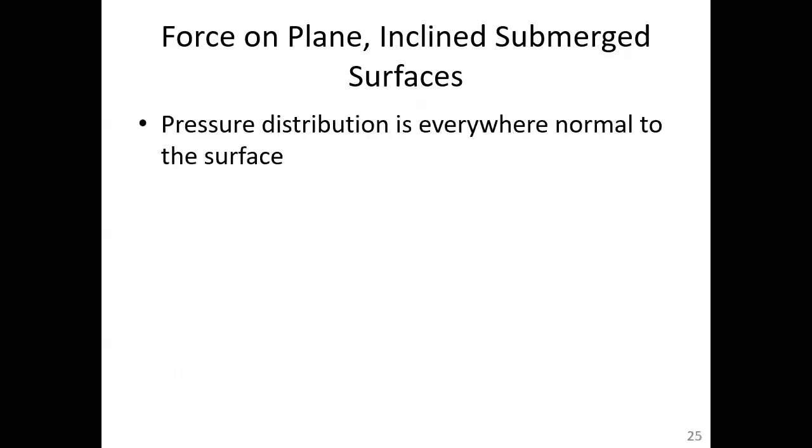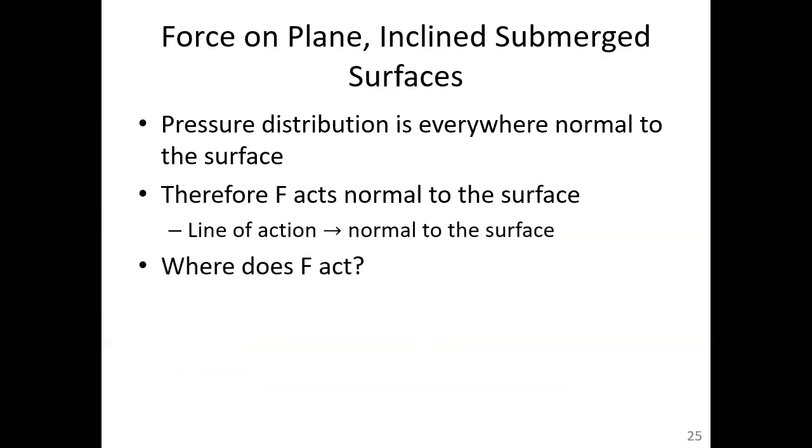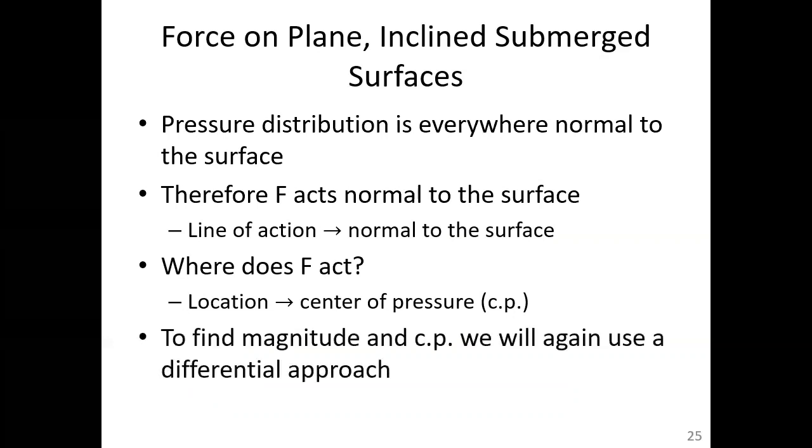Pressure distribution is everywhere normal to the surface, therefore F acts normal to the surface. The line of action of F is normal to the surface. Where does it act? It's going to act at what we call the center of pressure. For the horizontal surface, that was at the center of area. For a non-horizontal surface, it's going to be somewhere else.